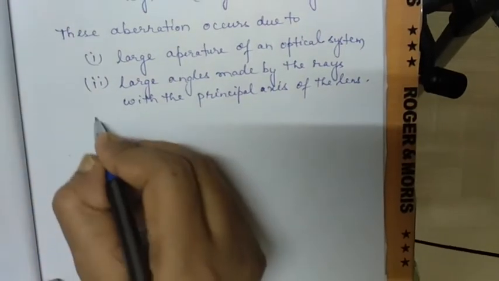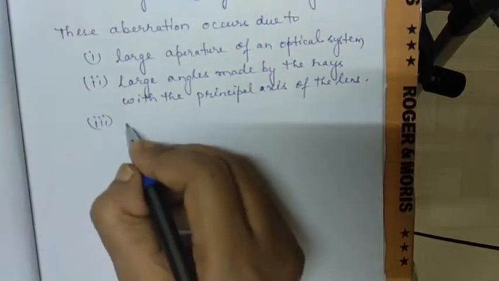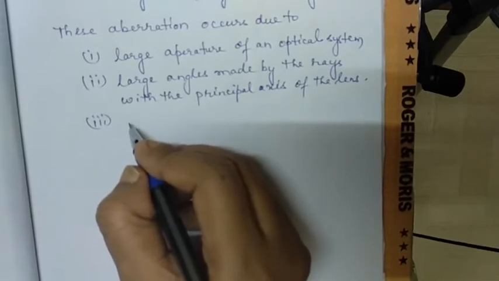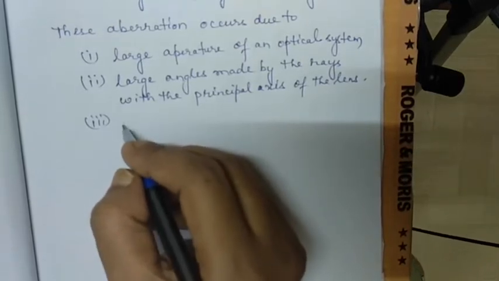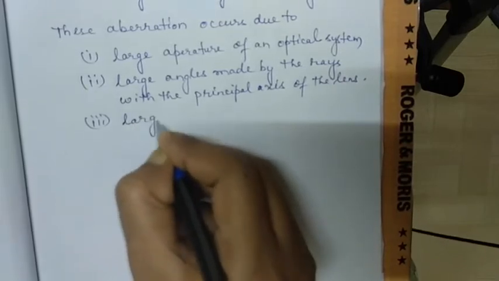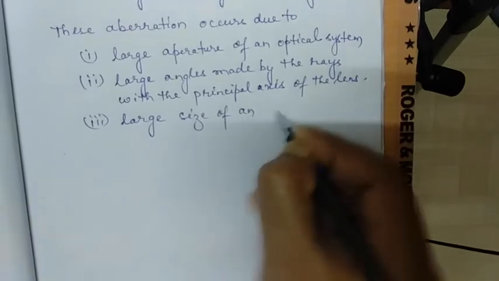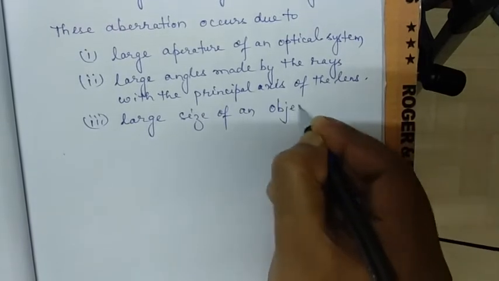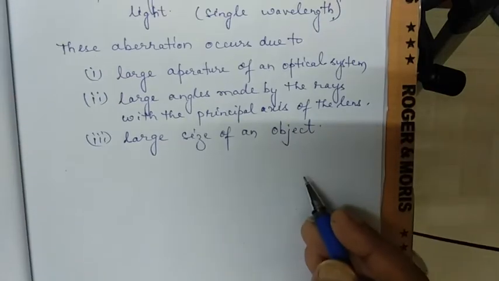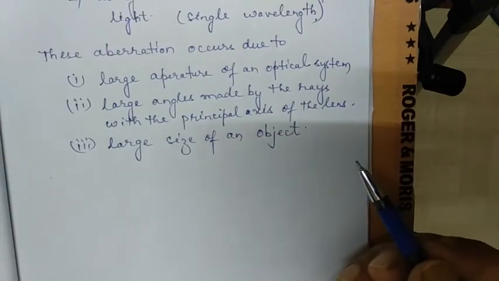Now the third point is, if there is an object which is quite large in size, then also you can observe such aberrations. So large size of an object. So these are some factors on which the monochromatic aberration depends.